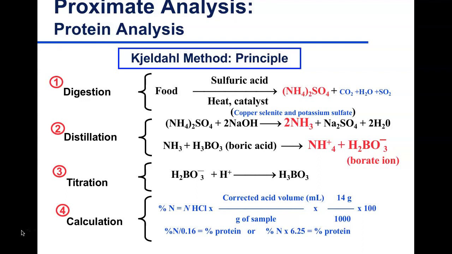We're going to use this in a moment for the calculation, so I'm going to write this out while the equations are up there so you guys can see the stoichiometry.